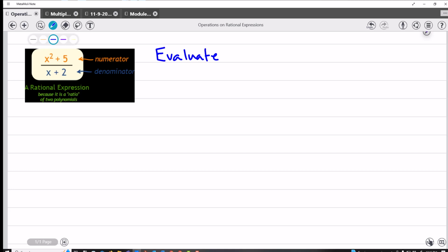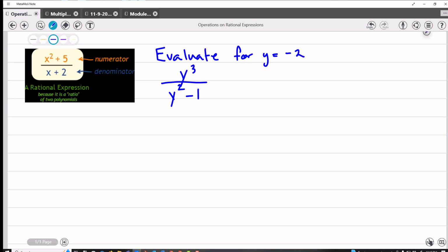So you might be given something like y cubed over y squared minus 1, and to evaluate this for y equals -2.